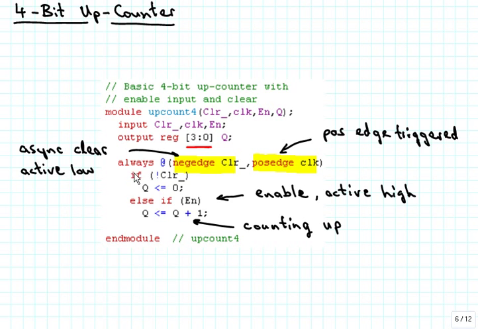If the clear command has been asserted, then Q is set to 0. Otherwise, we check if the enable is active high. And if the enable is active high, Q becomes Q plus 1. If enable is low, then nothing is done, and the value of Q just stays the same as it was before. So it is frozen if enable is equal to 0.